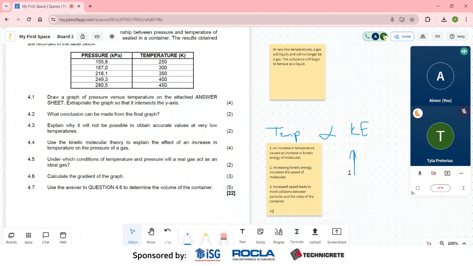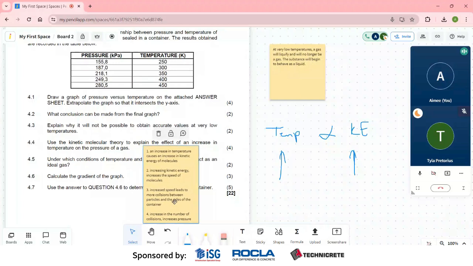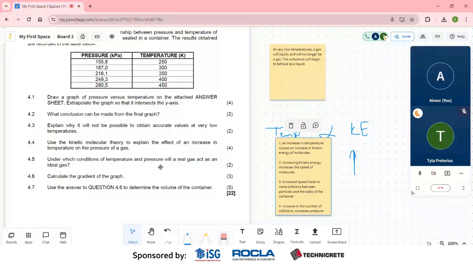And our last point is that an increase in the number of collisions that occurs within a reaction vessel results in an increase of pressure. So this is 4.4. You can see it's for 4 marks, and these are the four things that you need to say to get all four of your marks. Okay, that's 4.4.